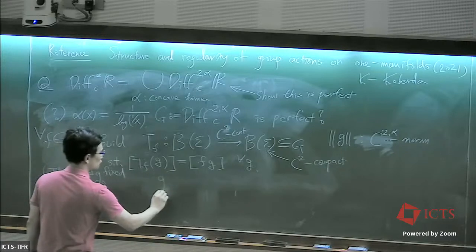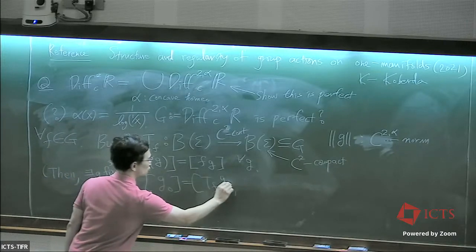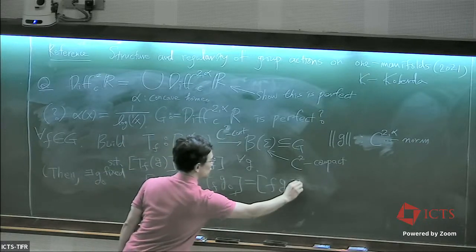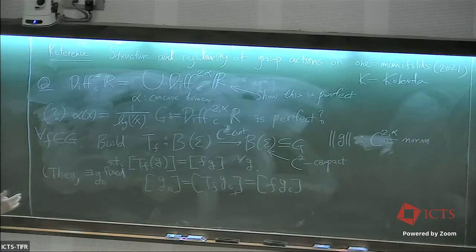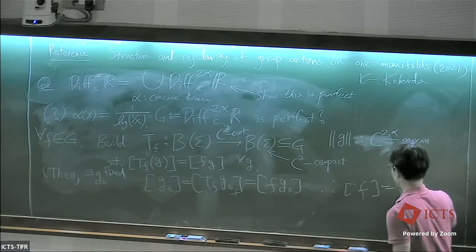Therefore, G naught is the same as T_F of G naught, which by requirement is F G naught. So we have just shown that F is trivial. Therefore, F is trivial in H1.